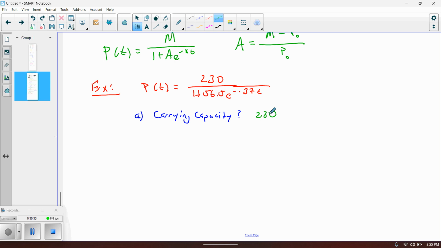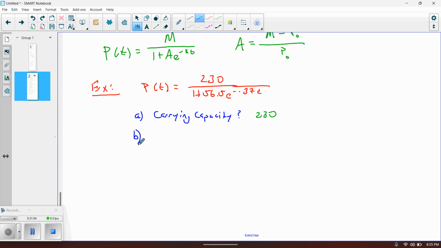Basically that means 230 fruit flies is the maximum amount of fruit flies this thing can sustain over the long haul. Think about it like you've got fruit flies hovering around a banana or something like that. Eventually, the banana itself is going to run out. So 230 fruit flies is about all you're going to be able to keep around there. That's a horrible example, but get the idea, hopefully.